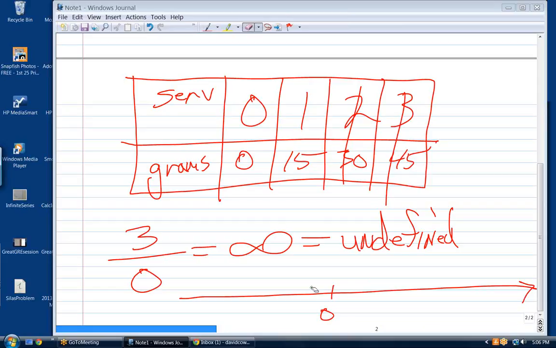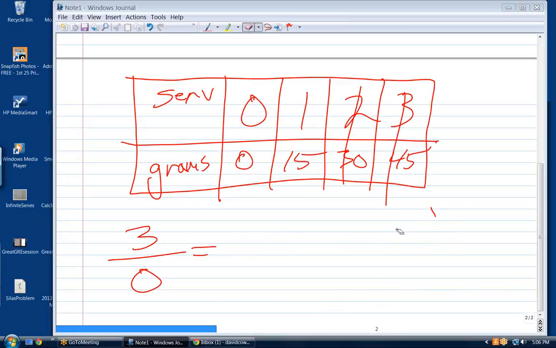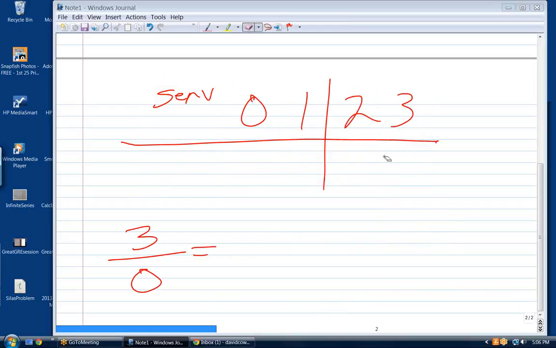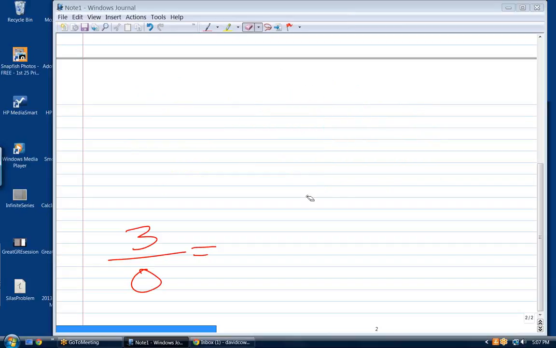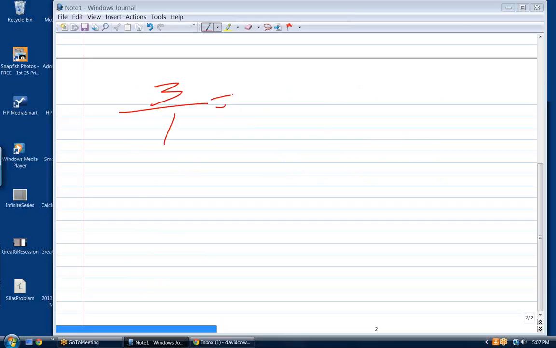Here, let's look at it a different way. Let me teach you this. This is good to know. What is 3 divided by 1? 3. What is 3 divided by 0.1? 0.3?